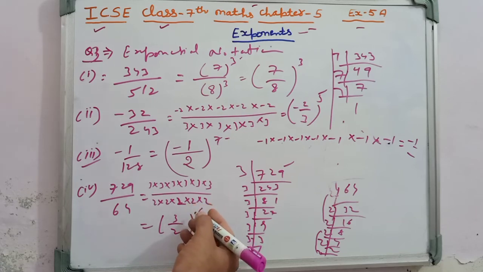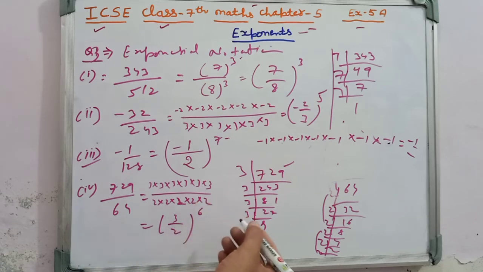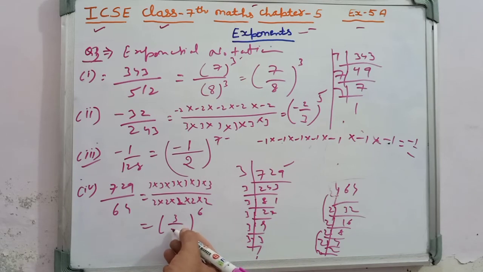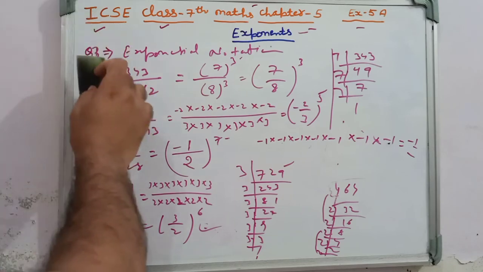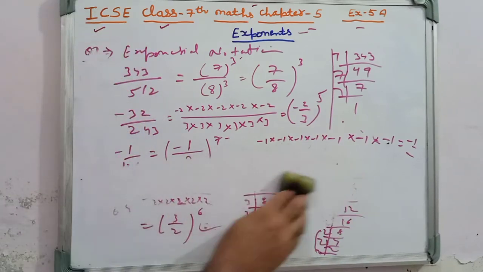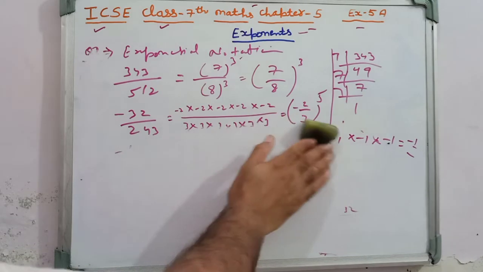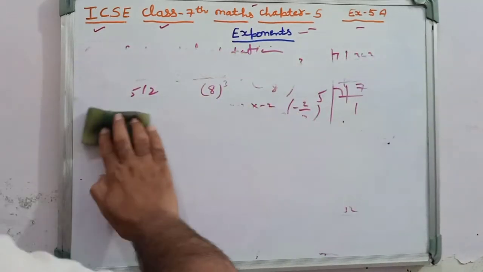If this would have been 5, no need to panic, we could write 3 raised to power 6, 2 raised to power 5. But fortunately both are having 6, so we will write them as this. Now we will move on to question number 4.